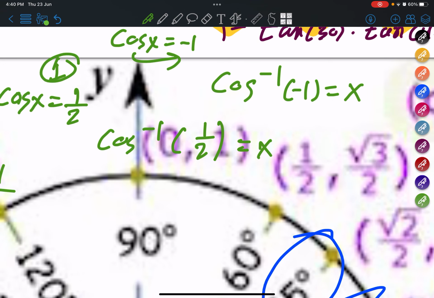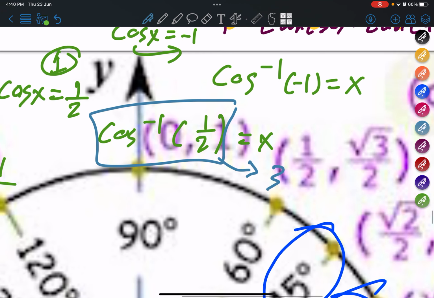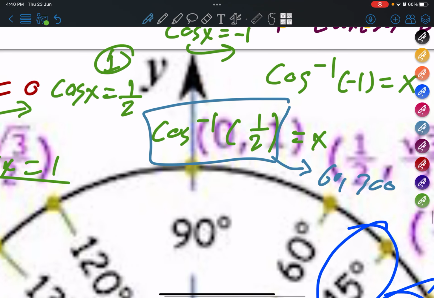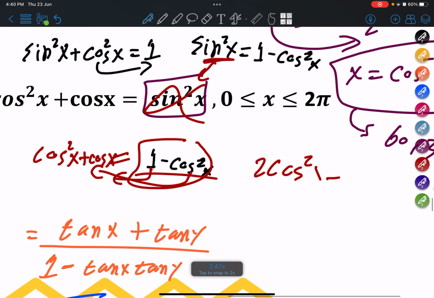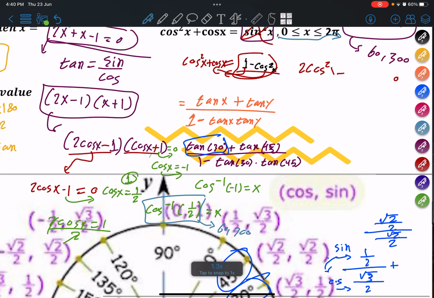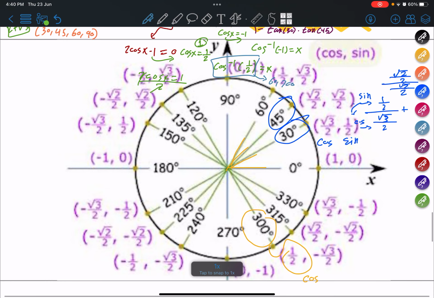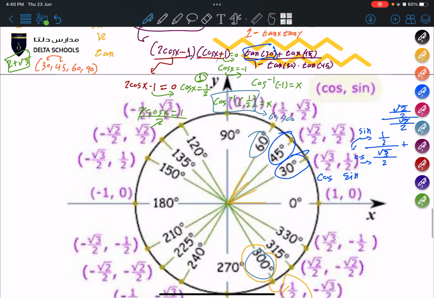Okay, so we already solved for this multiple times. We've said that this is equal to 60 and 300 degrees. Okay, because they told us here, from 0 to 2 pi. So we write all of them. So 360.